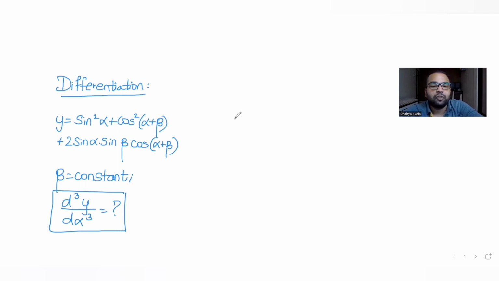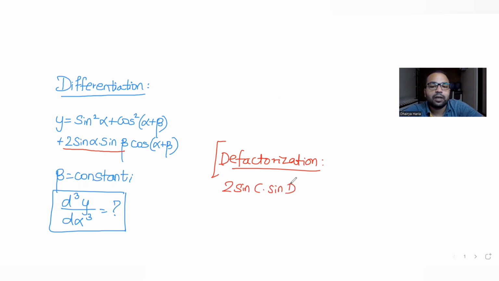First of all, in this y function, I have the term 2 sin α sin β. So I can use the factorization formula that says 2 sin C sin D is cos(C − D) minus cos(C + D).